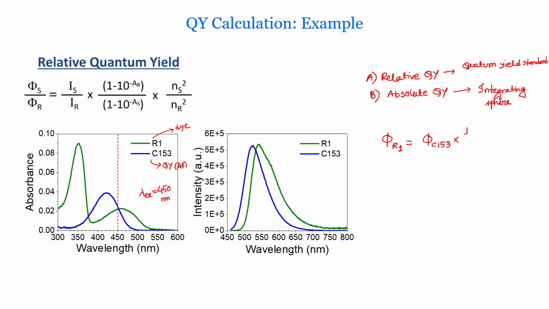So we need I of R1, then I of C153, and then we need these values: 1 minus 10 to the power minus A for C153 by 1 minus 10 to the power minus A for R1, and I need another factor.